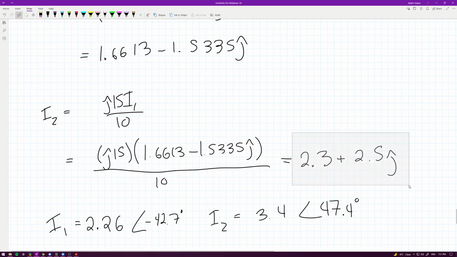You have 2.3 plus 2.5i as the rectangular one? Let's try tan inverse of 2.5 over 2.3. I get 47.4. Okay, I think I got it now. I think I have to use the function. Okay, thank you. Sorry about that. No problem.